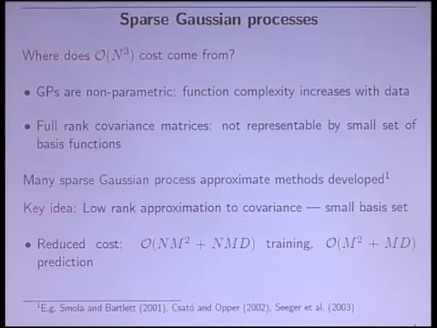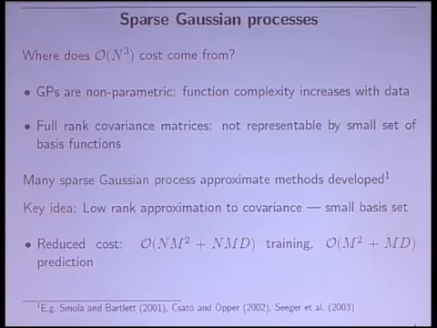Okay, so sparse Gaussian processes. Well, first of all, where does the n cubed computation cost come from? Well, it comes from the fact that a Gaussian process is a non-parametric model. Similar to some of the models Zubin was talking about earlier, the function complexity naturally increases as you get more and more data, which is a very nice property from a Bayesian point of view.